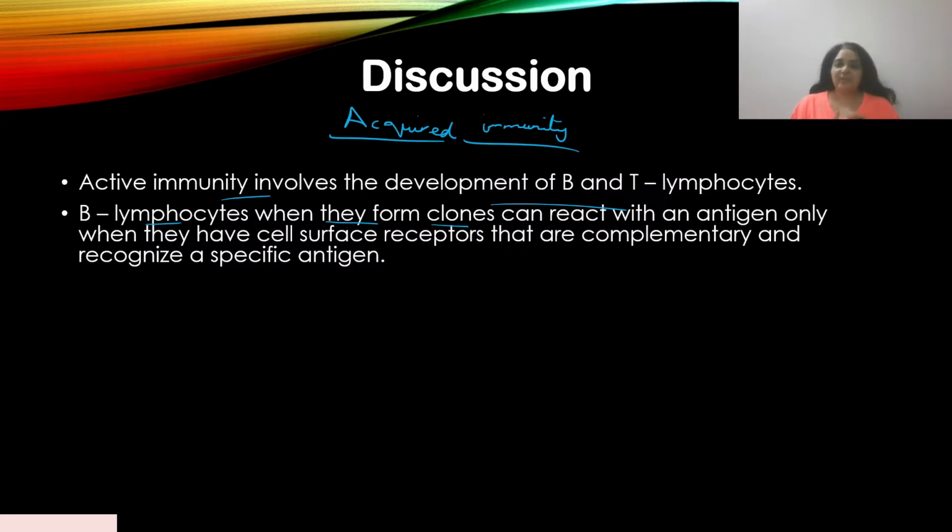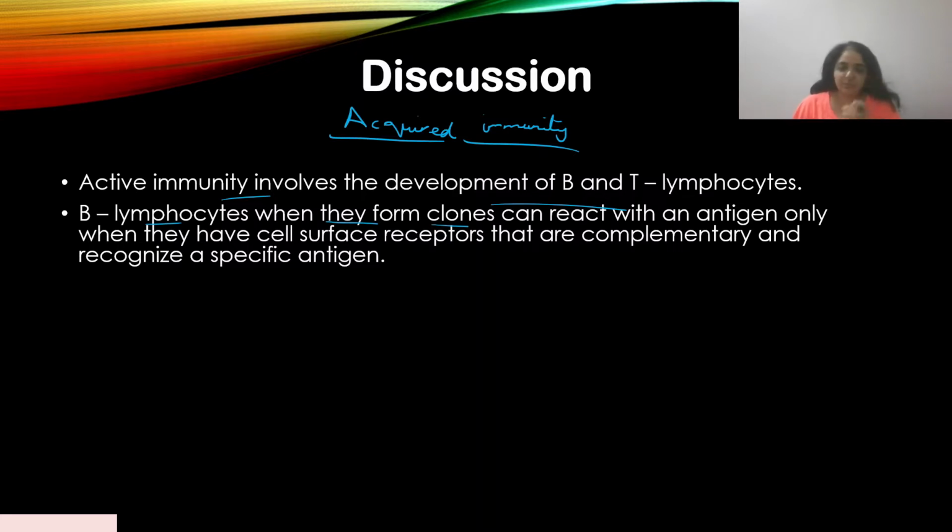Now, passive immunity also includes antibodies or T lymphocytes that are directly given to the patient, from a donor to a recipient. It could be that antibodies are already formed in a lab and given, or taken from an animal that has been immunized for that particular antigen, extracted and given to a patient.